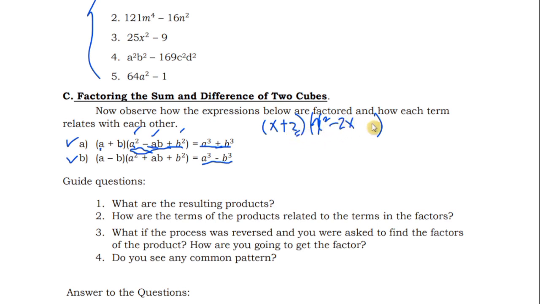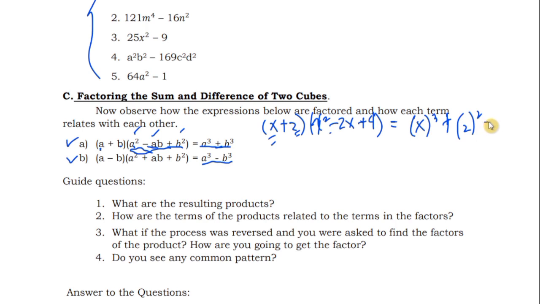Then the square of 2 is plus 4. If that would be the case, we now have the cube of the first plus the cube of this, since this is plus and this is minus, then we can now get the cube of x plus the cube of 2.